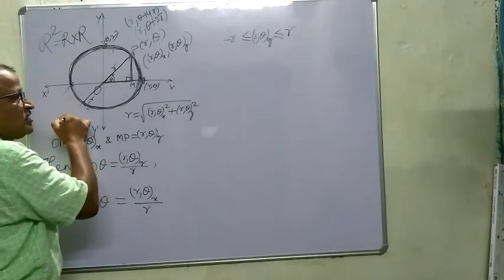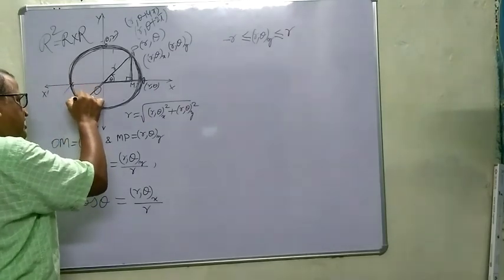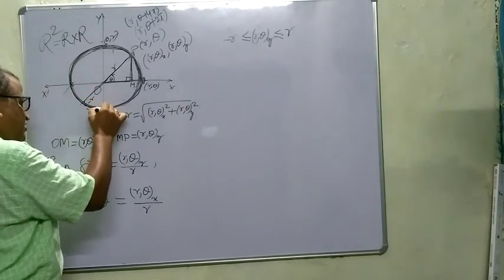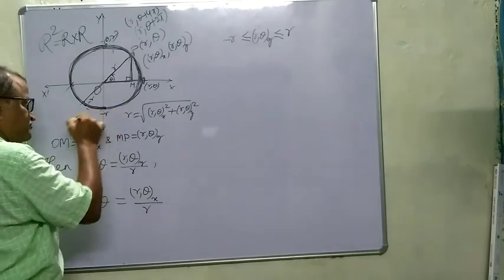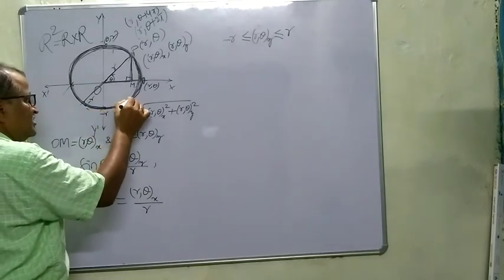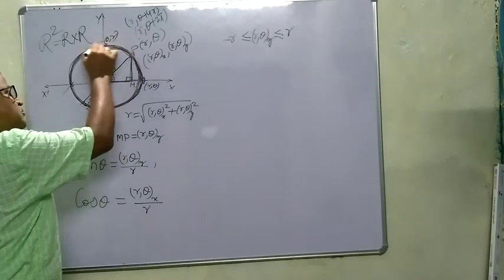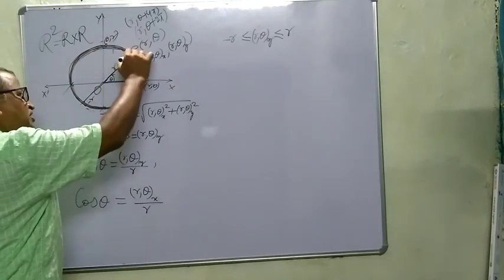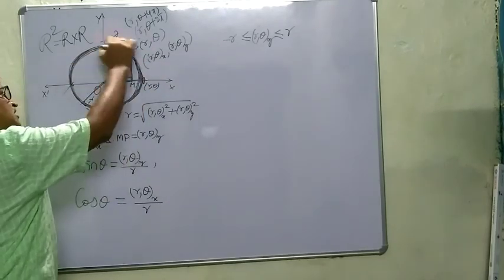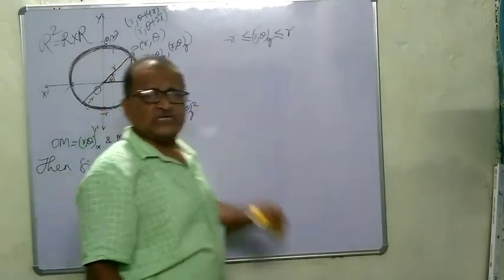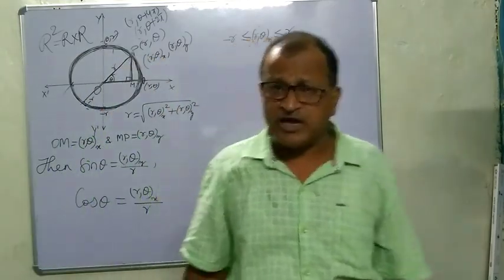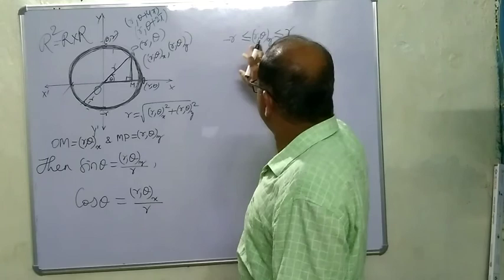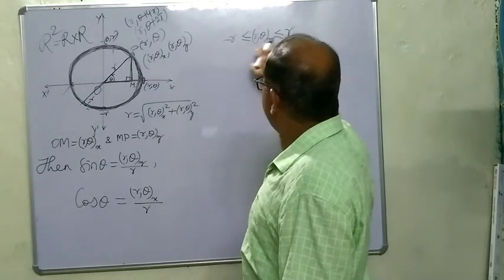Here also y will be 0. After that again it will decrease, and here it is minus r. After that it will increase, and here it will be 0. This process will continue. Similarly, if you move in the other direction, the same process. So the y coordinate of the point is between minus r and r.